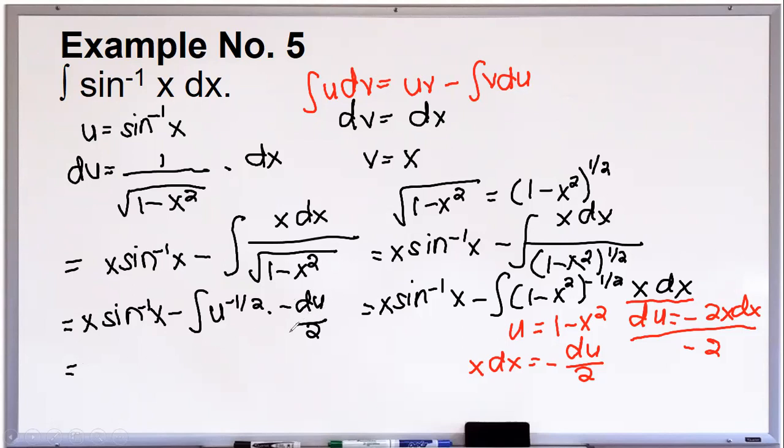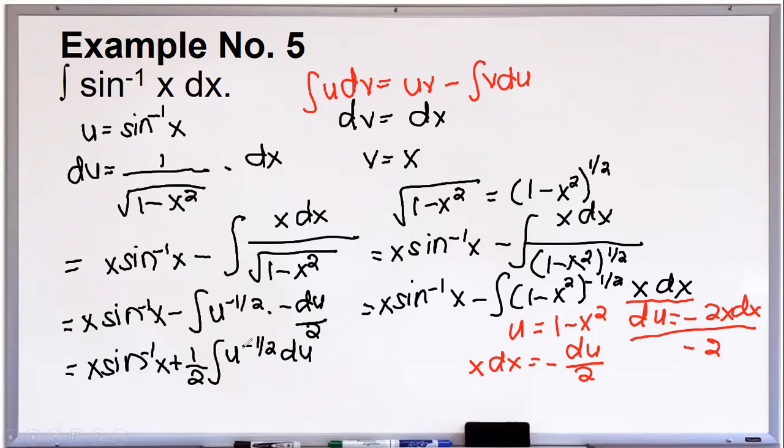So, as much as possible, may 1 half ka rito na constant, ilabas natin. So, magiging x arc sine of x. So, negative, pag nilabas mo dun sa another negative, magiging positive na siya. 1 half integral of u raised to negative 1 half times du. Okay. So, ano na ang next na gagawin natin?